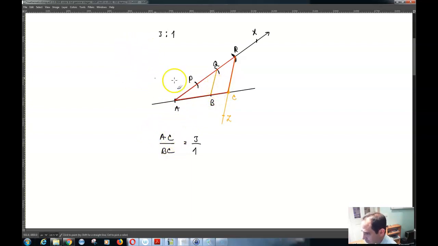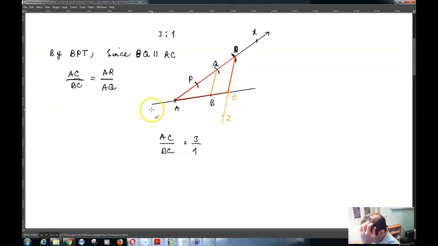So basically by the basic proportionality theorem, since BQ is parallel to RC, then I can say that, for example, AC to BC is the same thing as AR to, this is an R, is the same as AR to basically AQ.